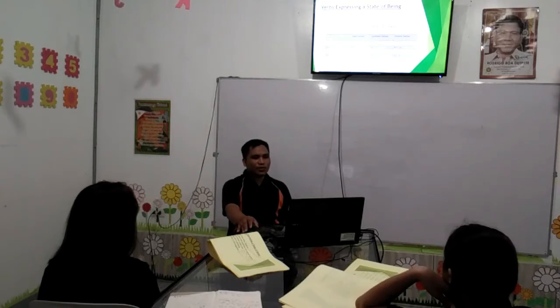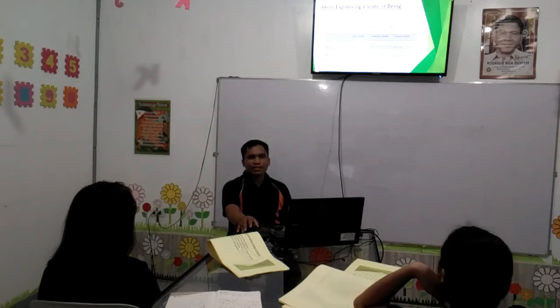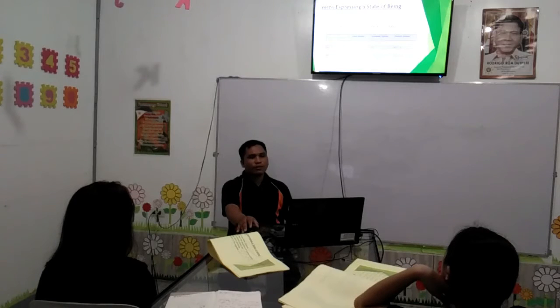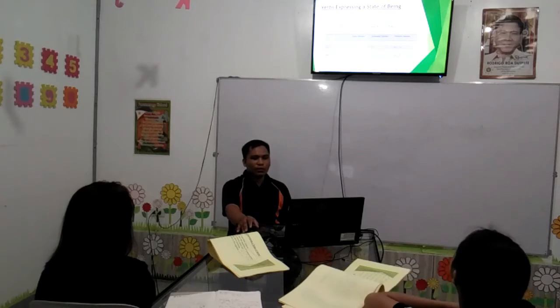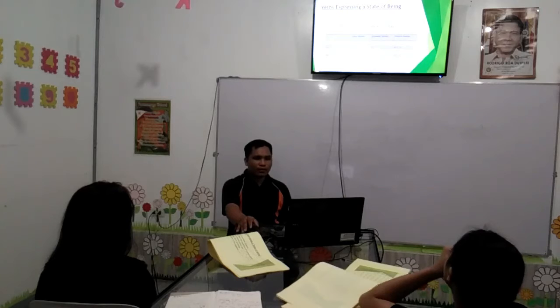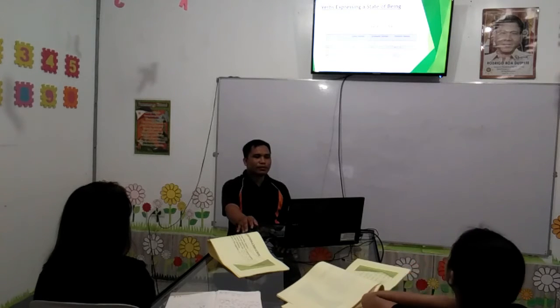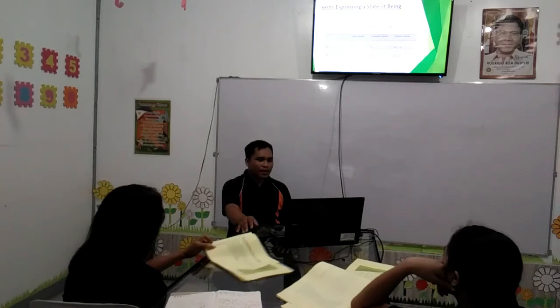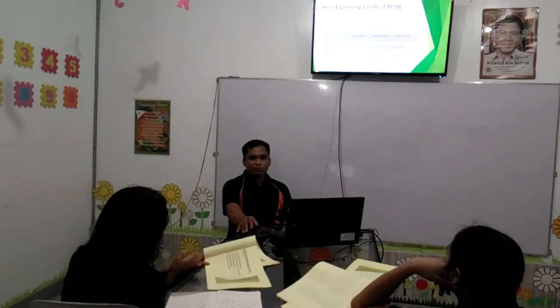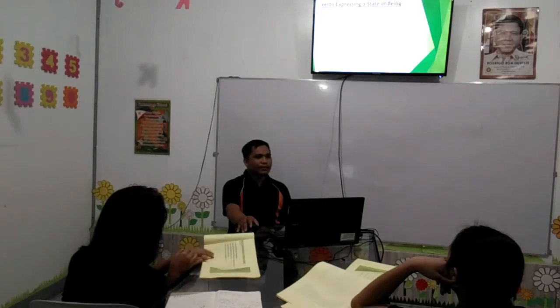In the present tense, we use do and does. In the future tense, we use will do. Let's proceed to the examples of the verbs expressing a state of being.